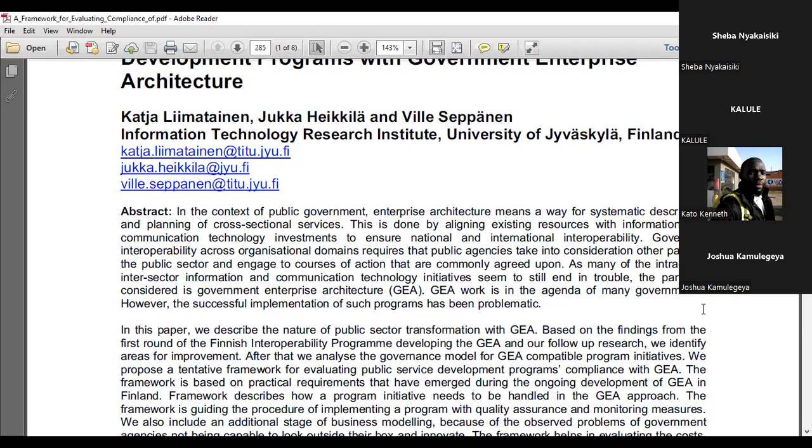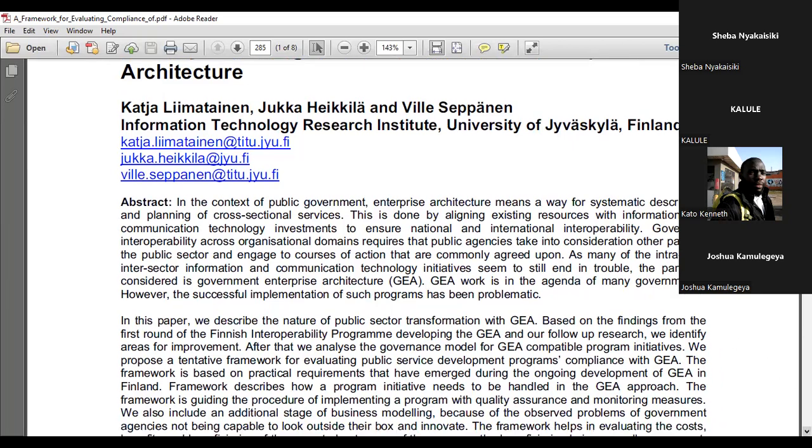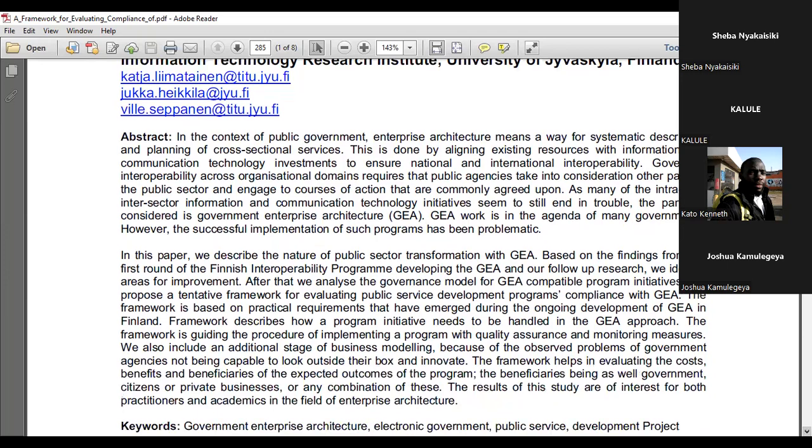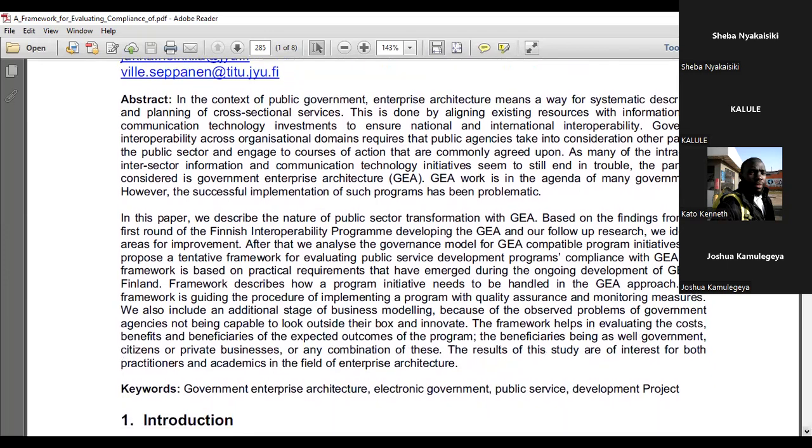As many of the intra and intersector ICT initiatives seem to still end in trouble, the panacea considered is government enterprise architecture. GEA work is on the agenda of many governments. However, the successful implementation of such programs has been problematic.